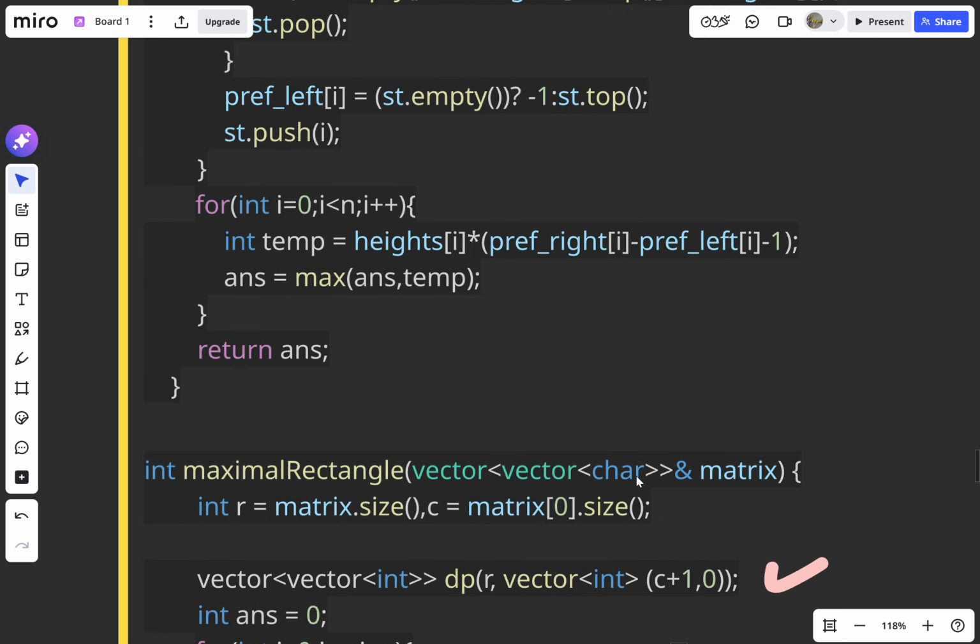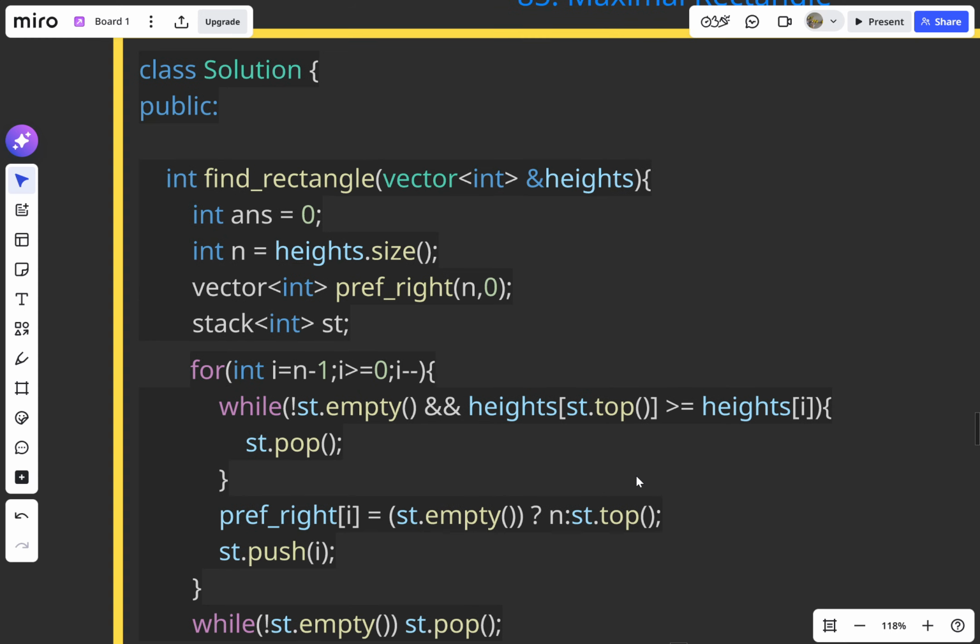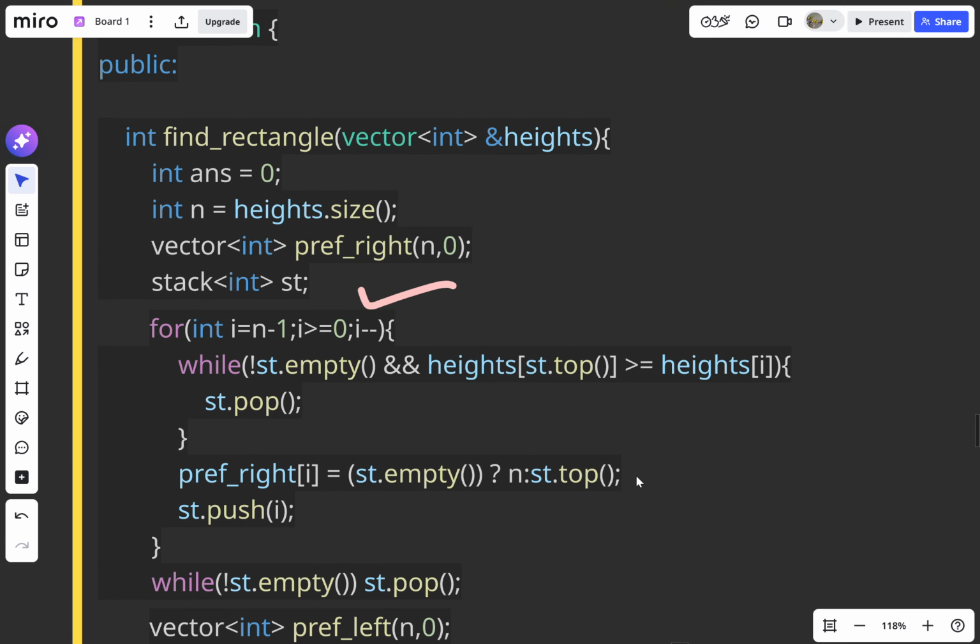So how will we find the rectangle from that particular row? We have the heights of that particular row, and then we have the prefix. Now we have to apply the prefix right and prefix left for that row. How will we apply the prefixes? We will use the monotonic stack approach.